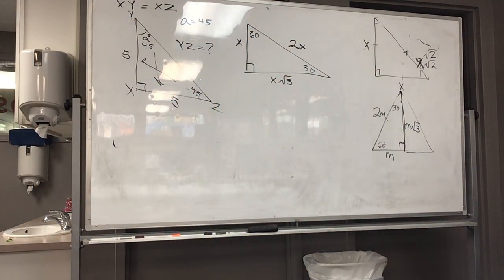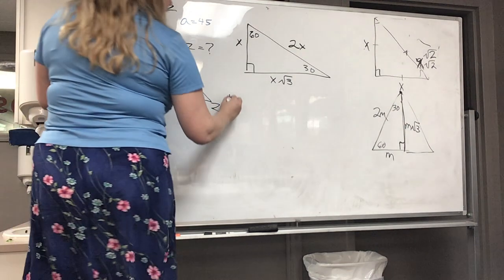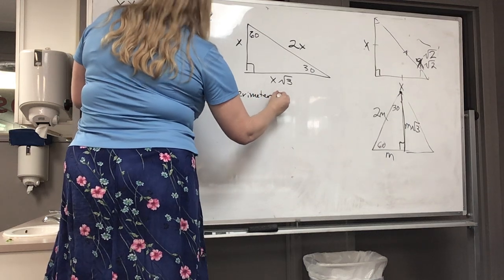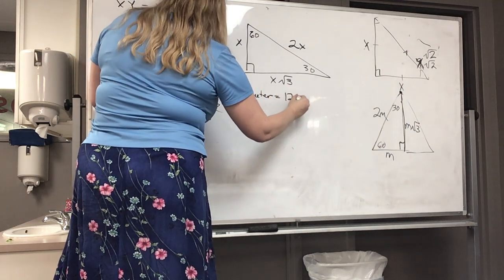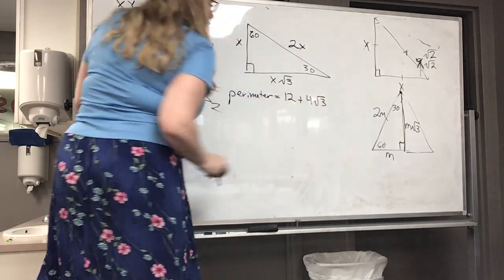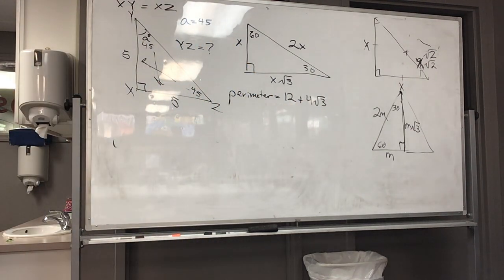Now, the follow-up is that they tell us that the perimeter equals 12 plus 4 square roots of 3. And the question is, what's the value of x? And so it's going to, yeah? 4.